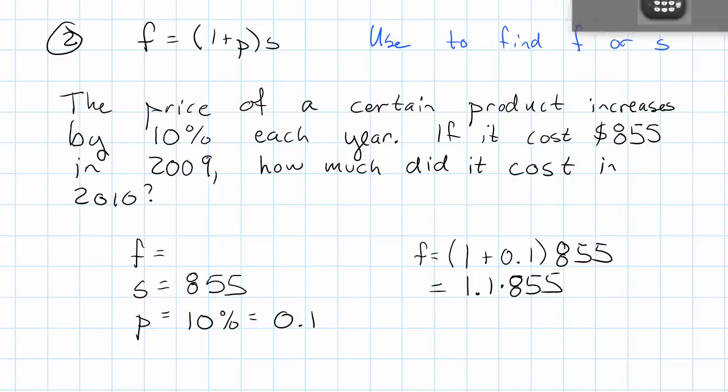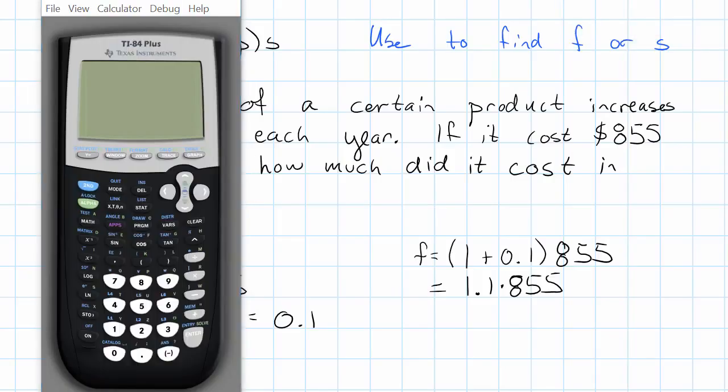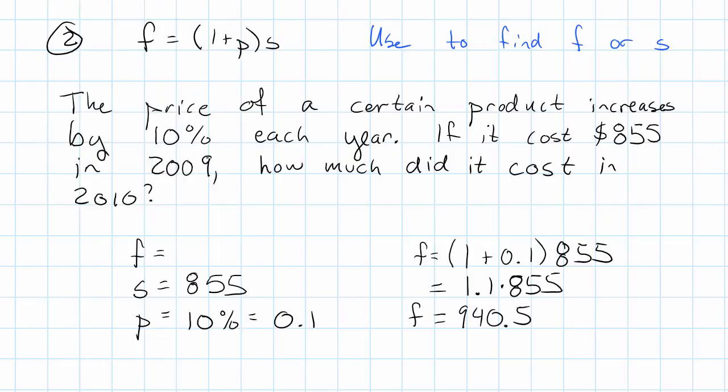Let's calculate that. 1.1 times 855 is 940.5. So the price is $940.50.